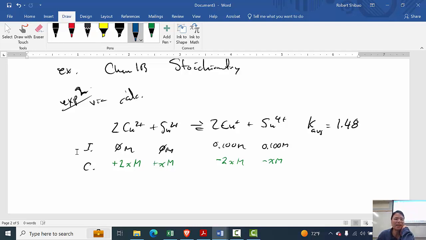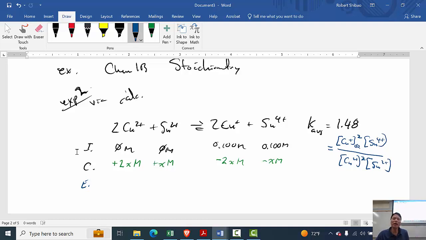So at the end of this, at equilibrium, and this is what I want because at equilibrium I know the K values. This is the law of equilibrium, whatever I want to call it. And this is going to be the Cu+ concentration at equilibrium squared times the Sn4+ concentration, divided by the Cu2+ concentration squared, divided by the Sn2+ concentration to the first.